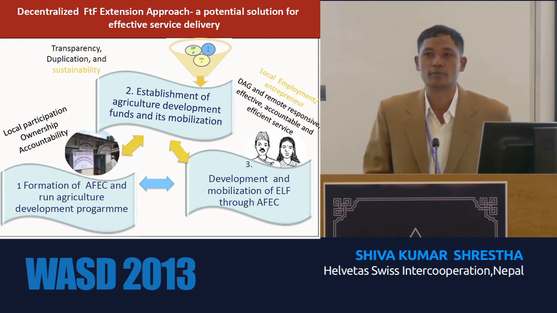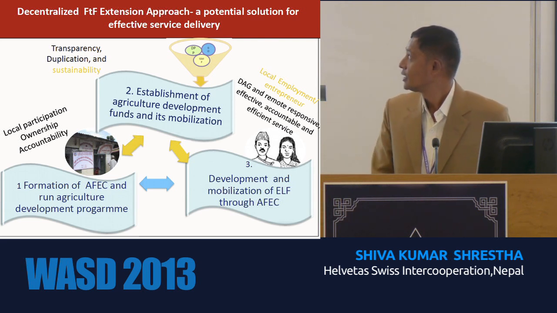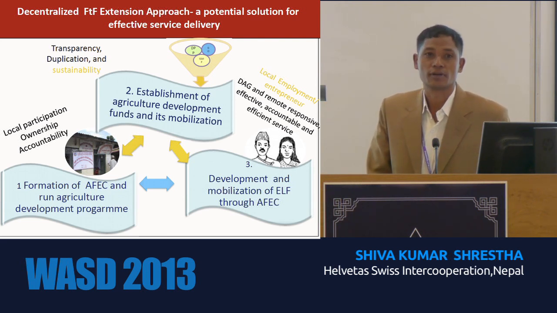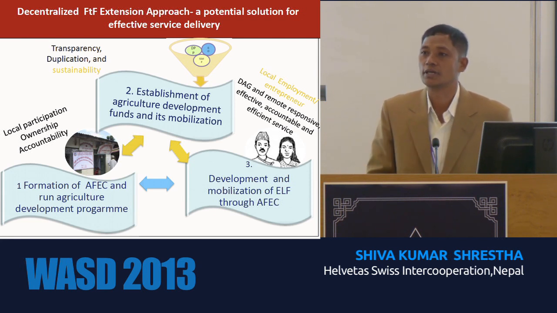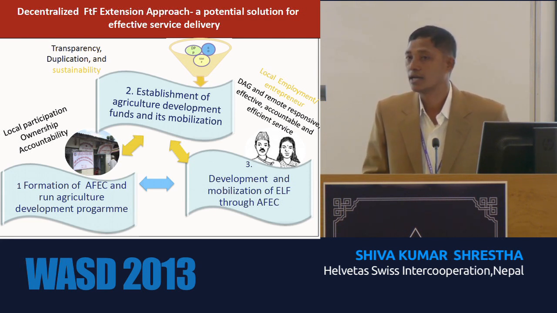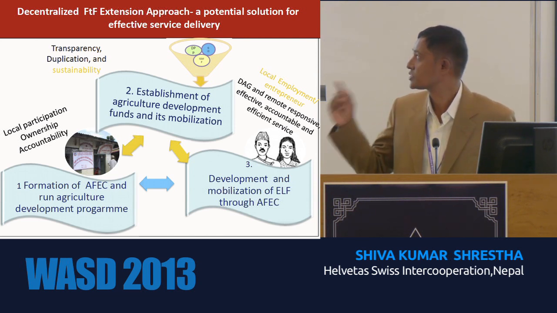And we believe, and we found, that it will be sustainable if we really involve the people from the very beginning of the planning process, and they will get the benefit out of that, then it will be a more sustainable approach.